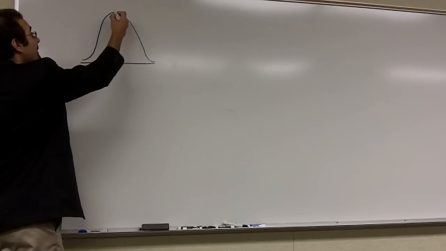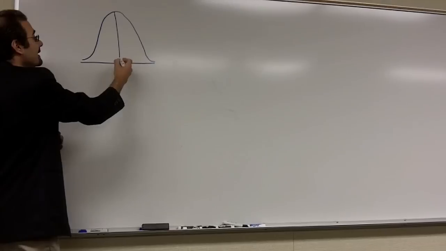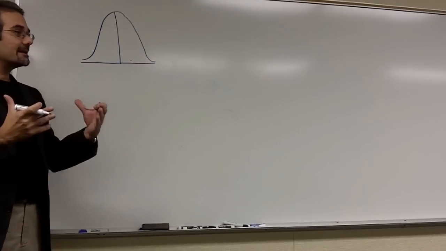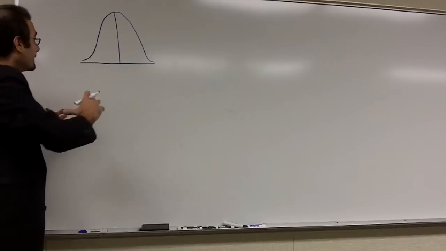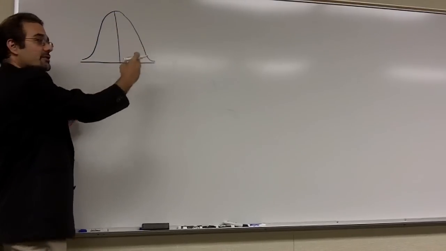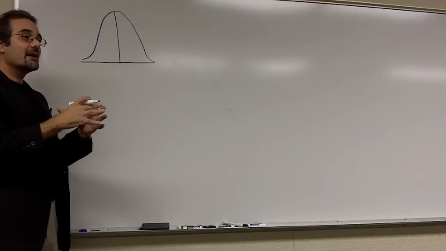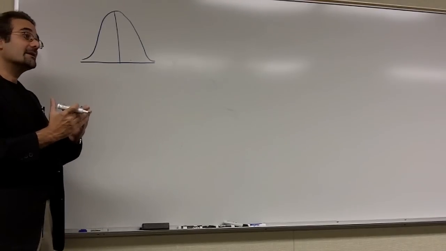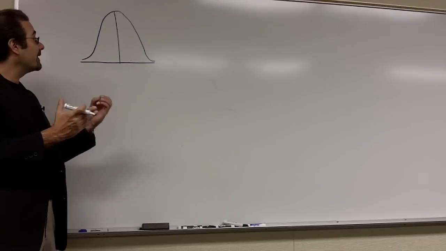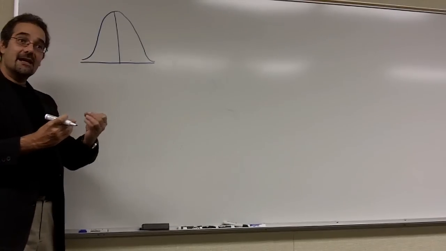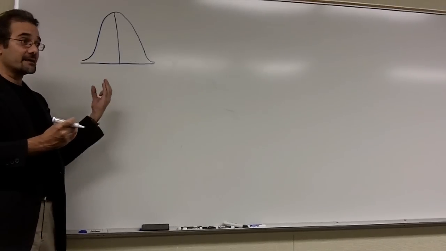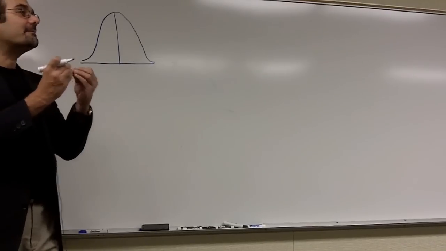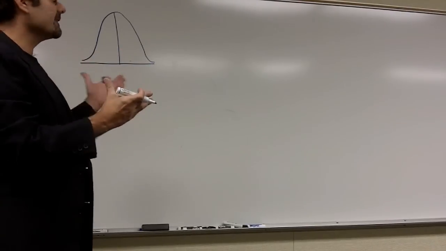One of the most important features that you're going to learn about in chapter 4 when you reread it is the idea that if you think of this distribution as representing the whole population, you can determine the probability of randomly picking a single score out of this distribution.